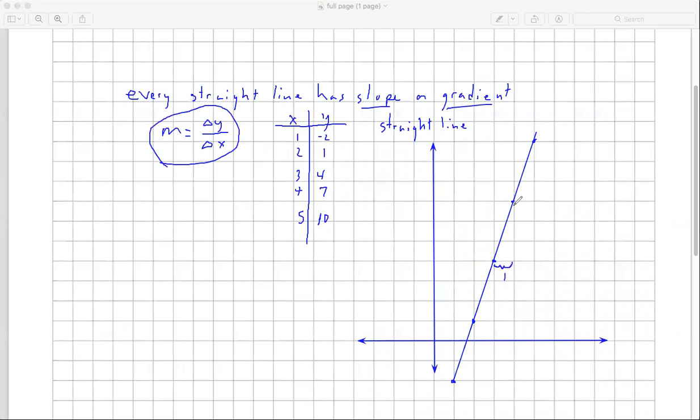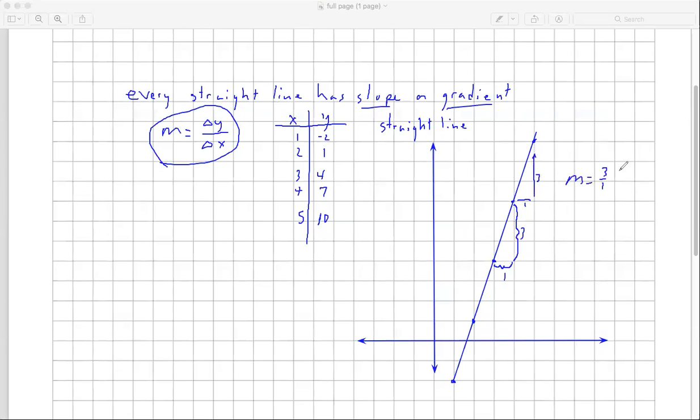And then from here to here is my change of y, which is 3. Same thing happens here. If I go over this far and then up this far, I get again 1 to 3. Actually, going the way it's written, change of y over change of x, my gradient, or my slope, my m, is 3 over 1.